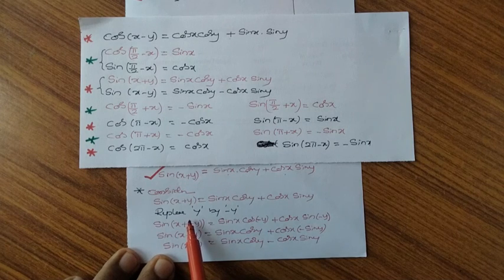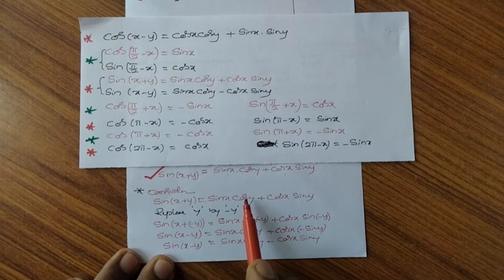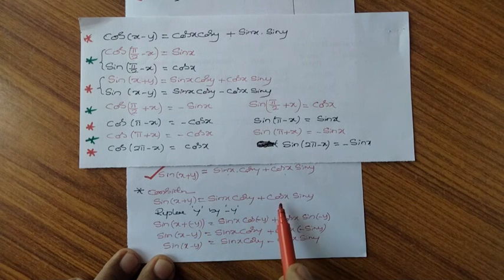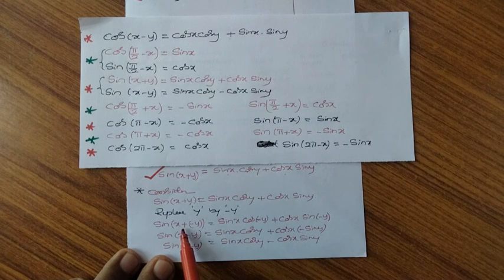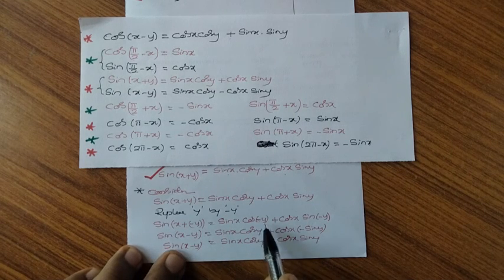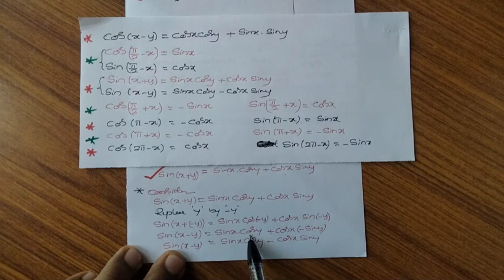Here replace y by minus y. Then sin of x plus, as it is, y replaced by minus y, equals sin x cos of minus y plus cos x sin of minus y. Here plus into minus becomes minus. Here we know that cos of minus x is equal to cos x. Therefore cos of minus y is equal to cos y.